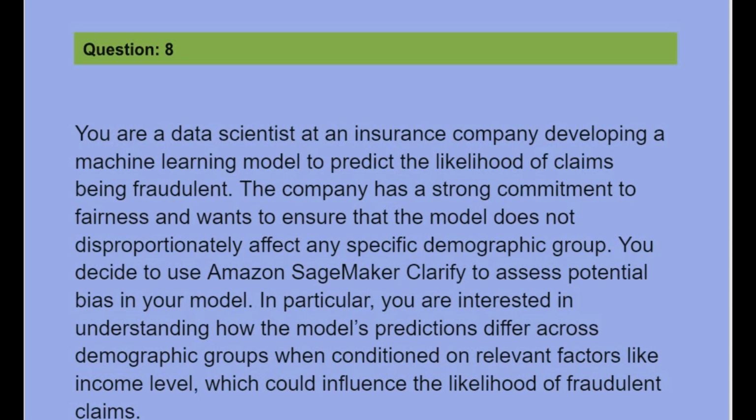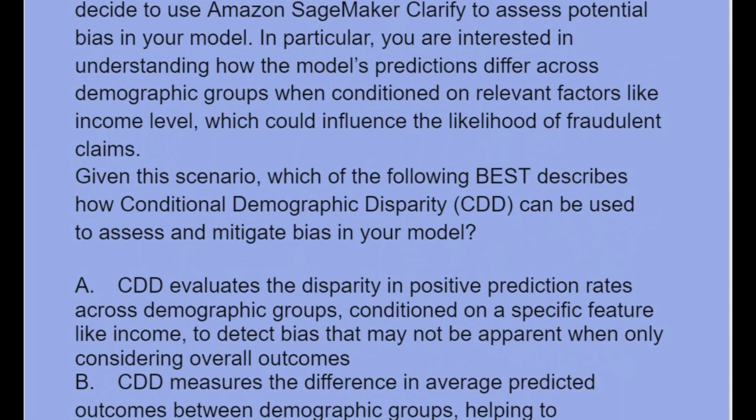In particular, you are interested in understanding how the model's predictions differ across demographic groups when conditioned on relevant factors like income level, which could influence the likelihood of fraudulent claims. Given the scenario, which of the following best describes how conditional demographic disparity (CDD) can be used to assess and mitigate bias in your model?